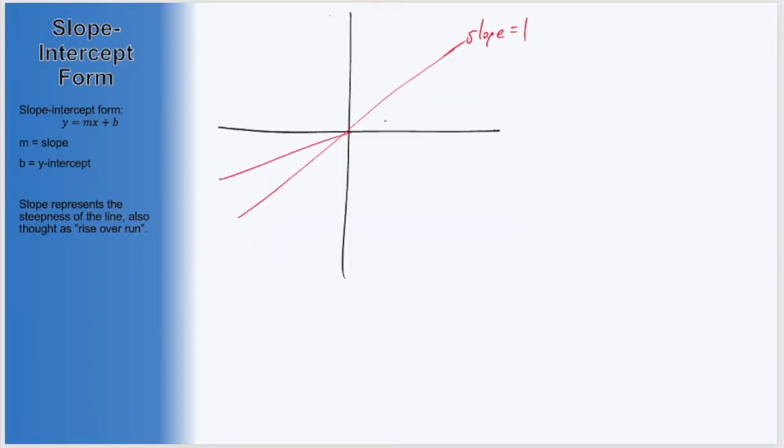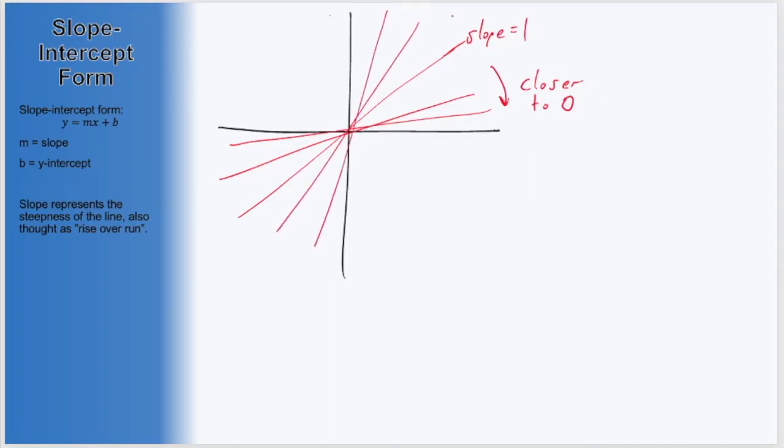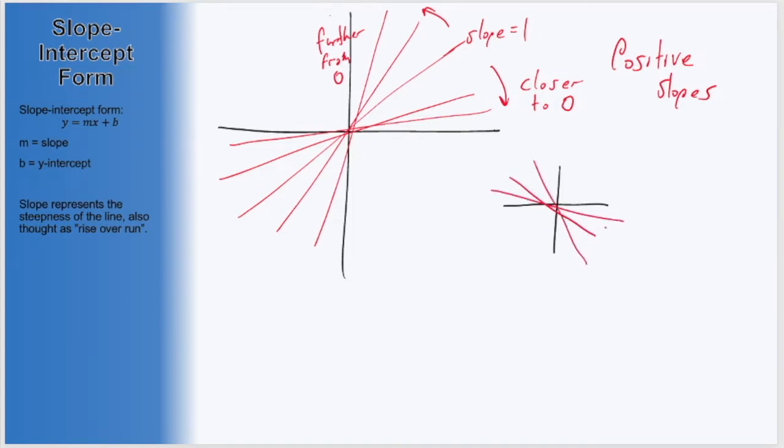In general, the flatter a line gets, the closer the slope gets to 0. On the other hand, the steeper a line is, the further from 0 the slope gets. In addition, lines that are increasing in y as we go from left to right, such as these, all have positive slope, while lines that decrease in y as we go left to right, such as these, all have negative slopes.